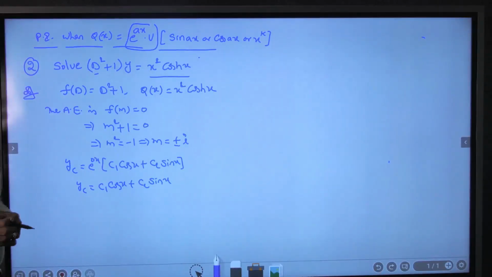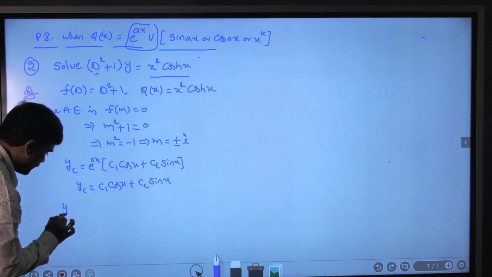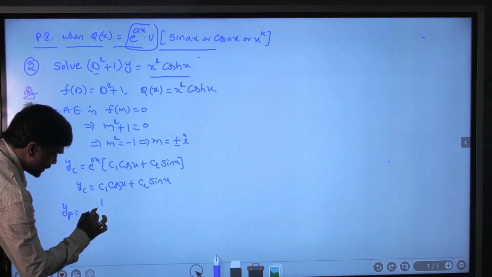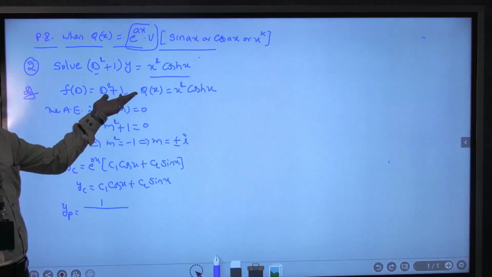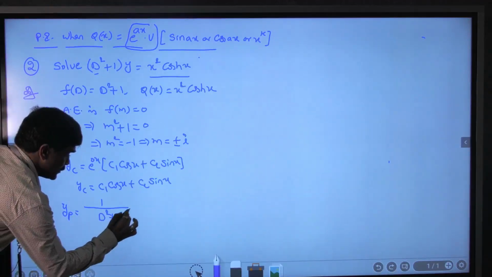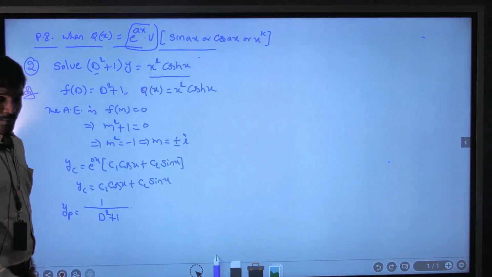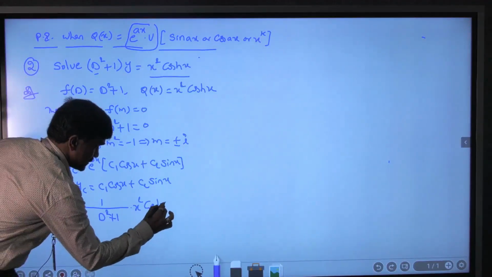Now the particular integration. What is the particular integration? Write yp is equal to 1 by f of d into q. What is f of d here? d square plus 1 into q. What is q here? q is x square cos hx.